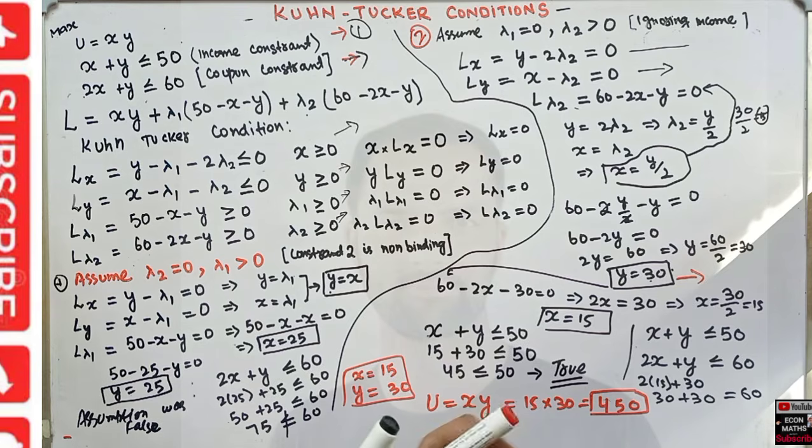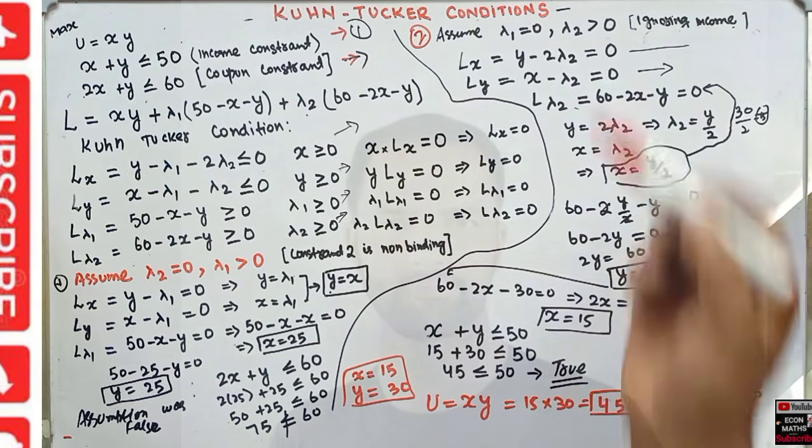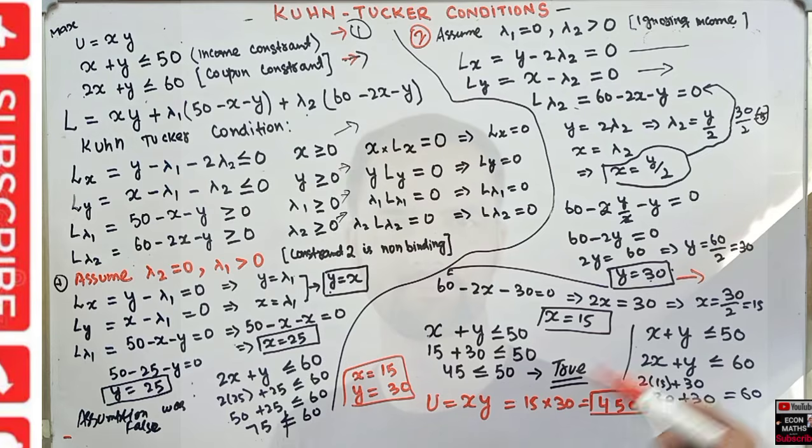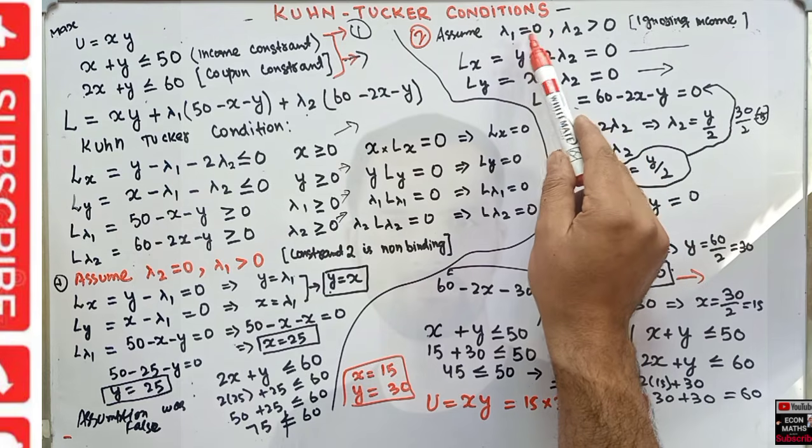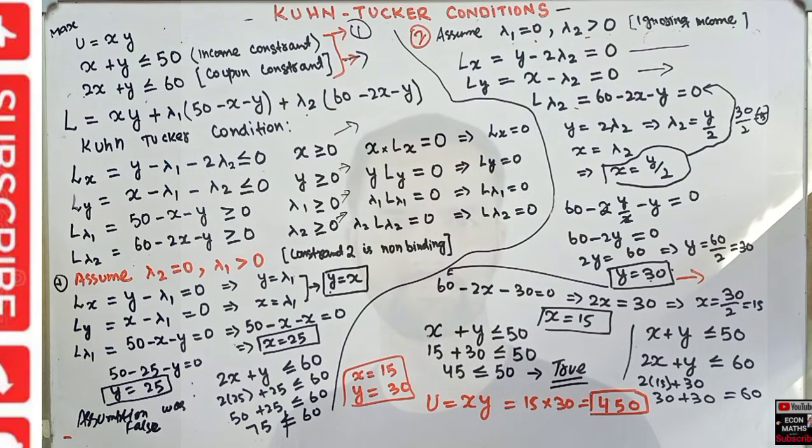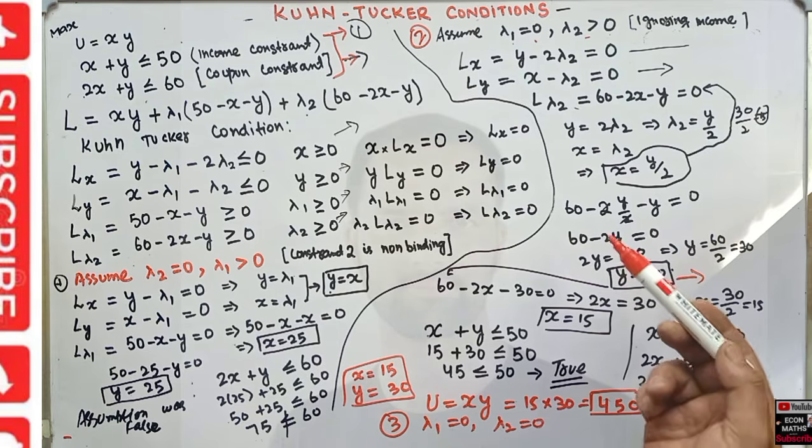So there can be another case when both lambda 1 is equal to 0 and lambda 2 is equal to 0, if we were not able to satisfy both the constraints when we take lambda 1 equal to 0 and lambda 2 greater than 0. Then we would have to go for the third step, where lambda 1 is equal to 0 and lambda 2 is equal to 0, and then we can use the algebraic method.